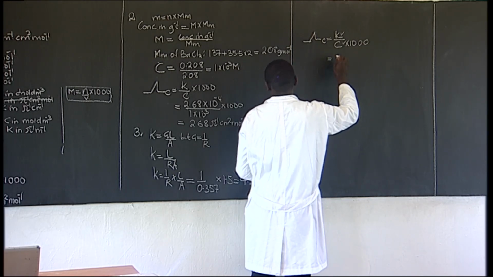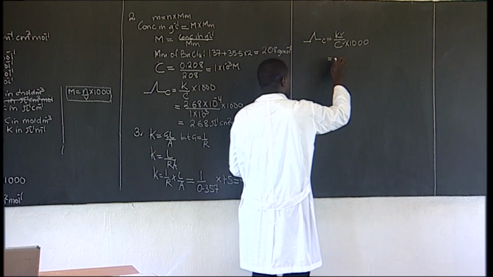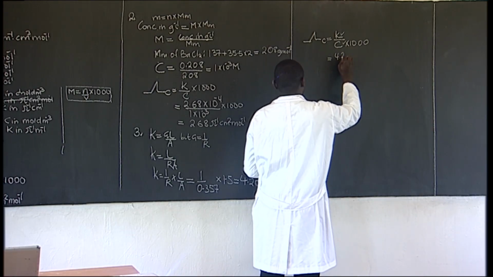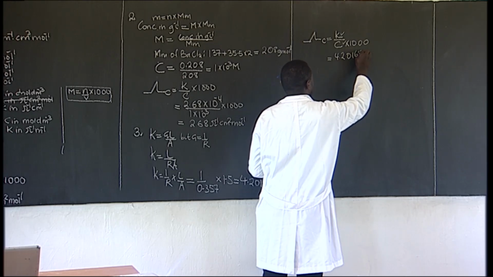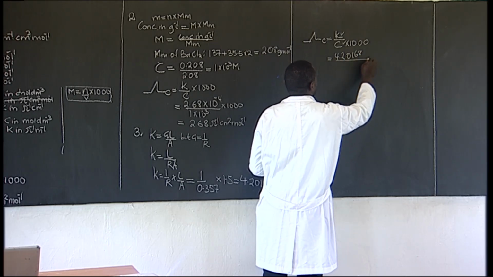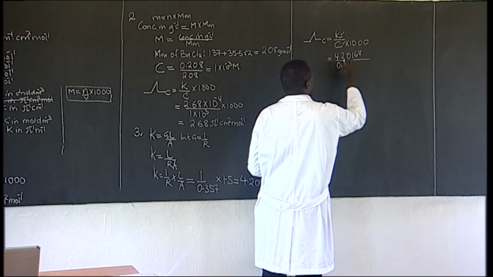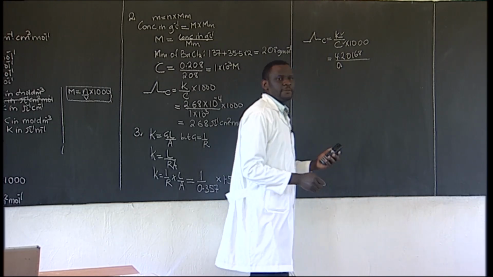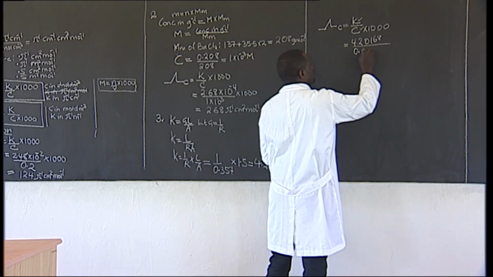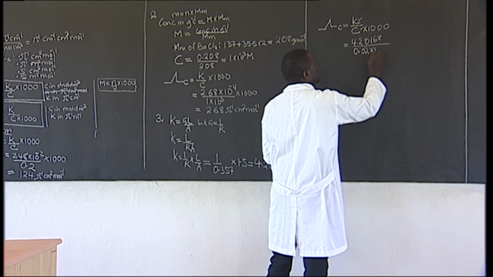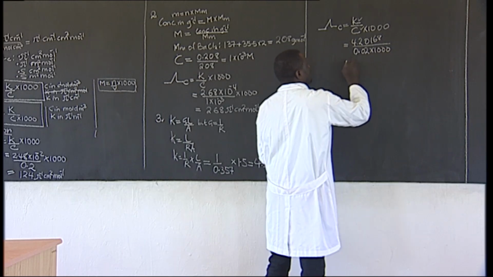So our K, which we have got, which is actually 4.20168, divided by 0.02 times 1,000.